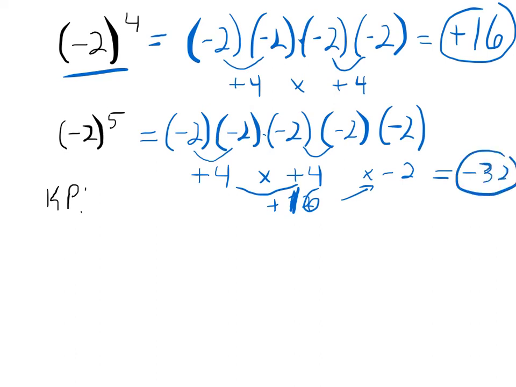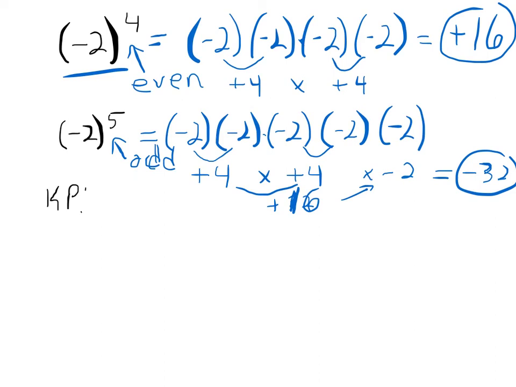Notice on this, this is an even exponent. 4 is even. 5, though, is an odd exponent. So look at the other ones. If you have a negative number in parentheses raised to an even exponent, is your answer going to be positive or negative?